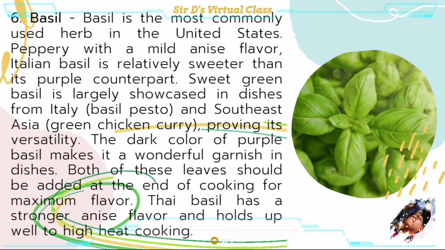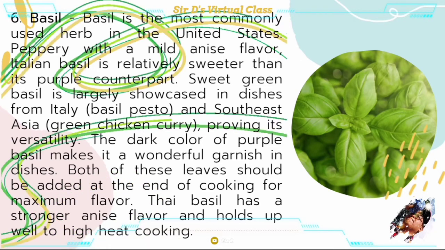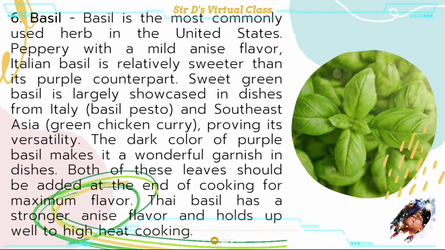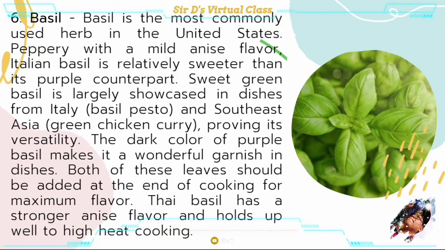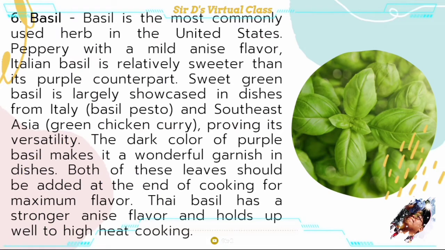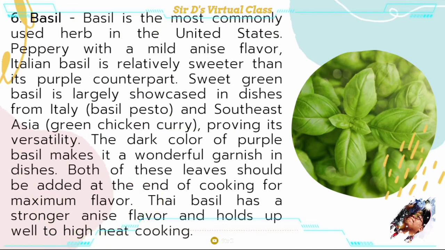We have the famous basil. Basil is the most commonly used herb in the United States. Peppery with a mild anise flavor, Italian basil is relatively sweeter than its purple counterpart. Sweet green basil is largely showcased in dishes from Italy and Southeast Asia, proving its versatility.